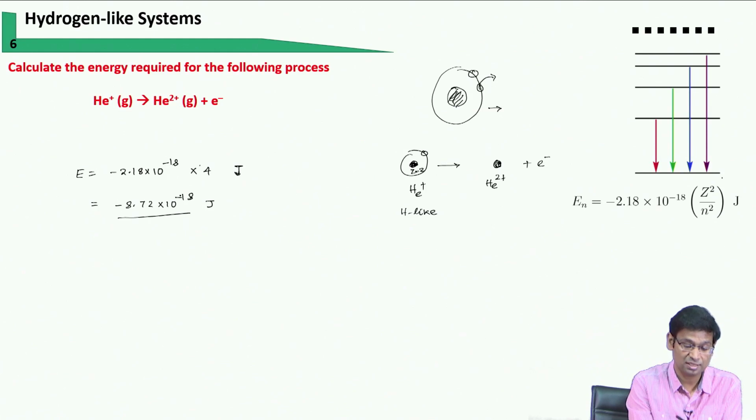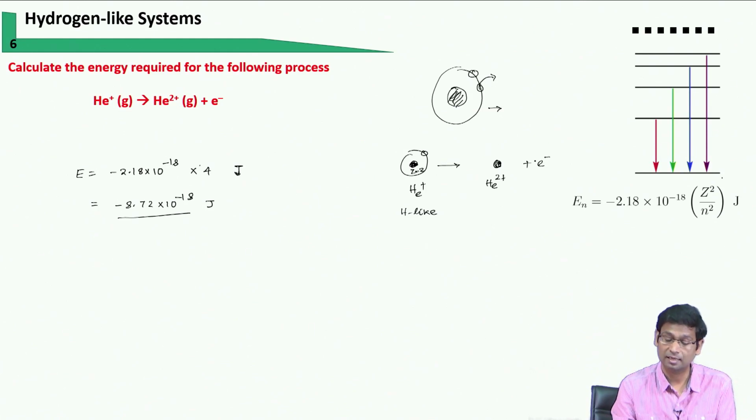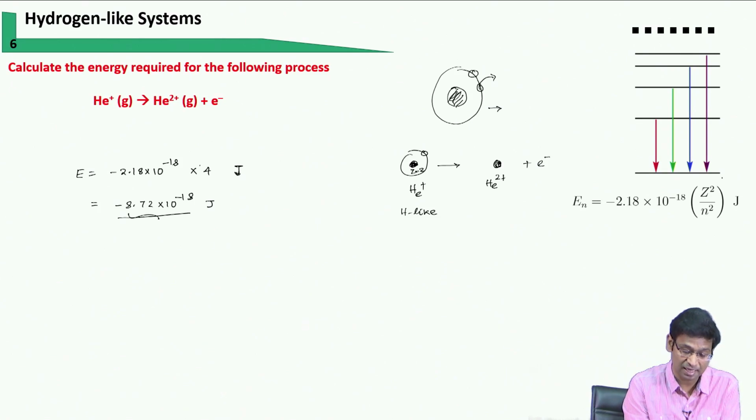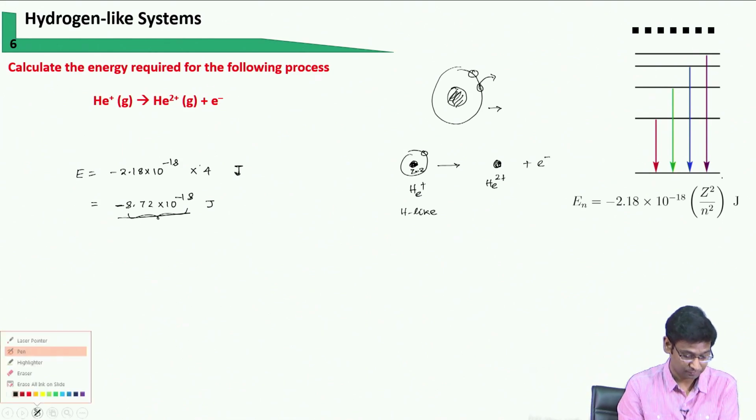The negative sign indicates that He plus is a stable system. So to ionize this electron, I must give 8.72 into 10 to the power minus 18 joules. Therefore, the energy required is this quantity shown here.